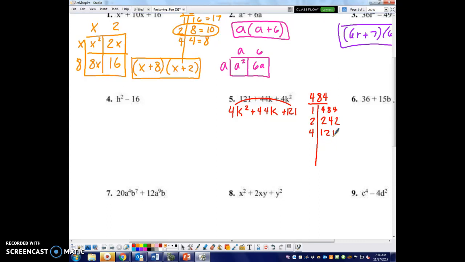No. 484 divided by 7? 484 divided by 8? No. 484 by 9? No. 484 divided by 10? 484 divided by 11? 11 and 44. Okay? 484 divided by 12?